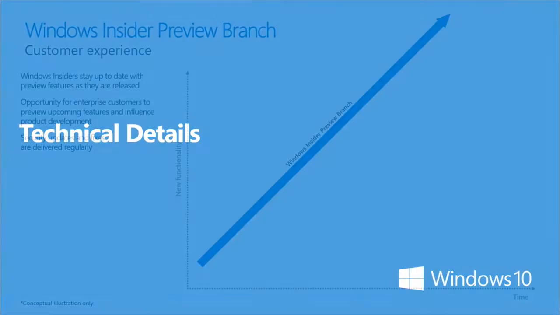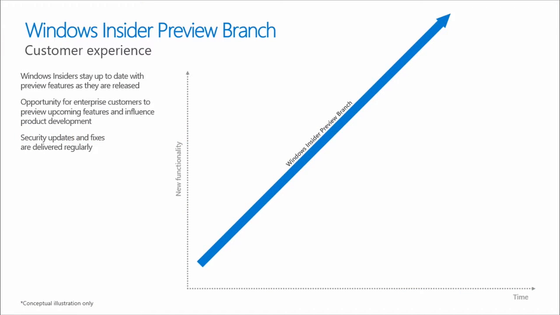When we look at the actual details of what this ends up looking like, you get different pictures based on the branch that you're working on. Insiders is probably the one that people are most familiar with, that we release new builds to a few times a month so that you get new features and previews of those features as we're developing them.